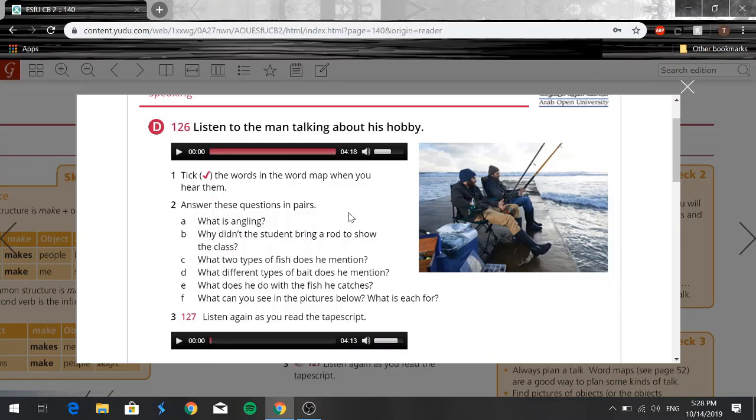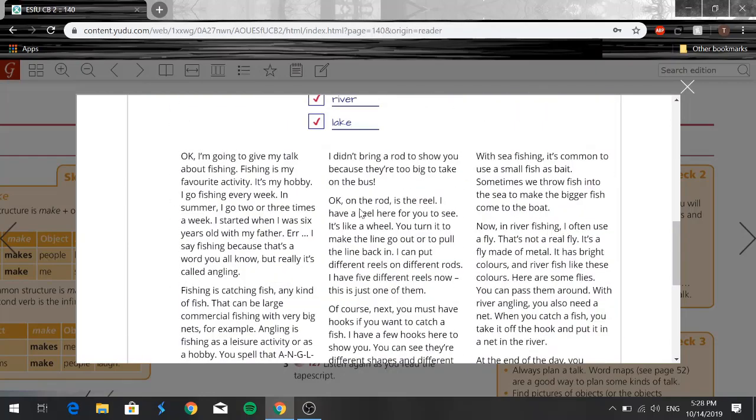Okay? What does he do with the fish he catches? Well, he either releases them, eats them, takes bigger fish to a local restaurant. Okay? And for F, what can you see in the pictures below? What is each for? Well, I don't see any pictures here.